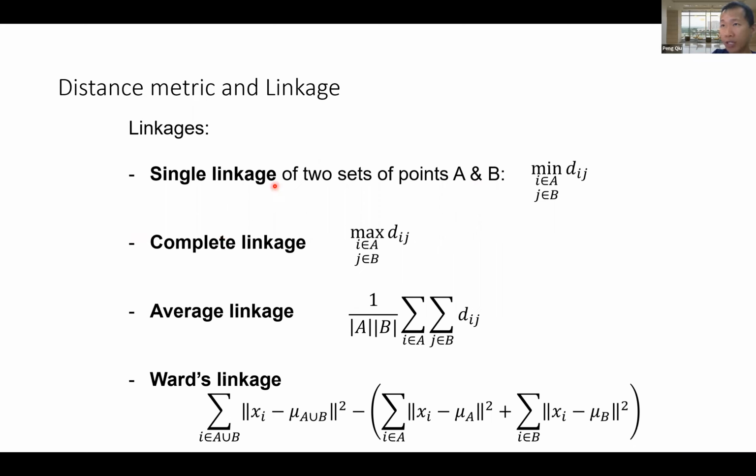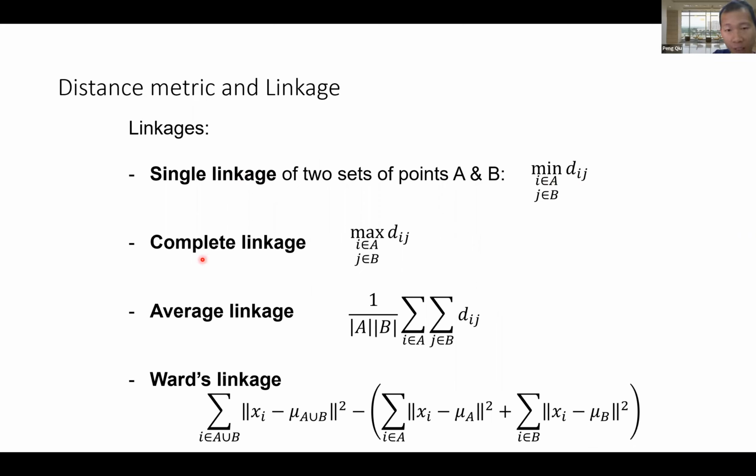So one idea is called single linkage. This is basically looking at the pairwise distance between the 10 points in set A and the 5 in set B, so 50 distances, compute all of them and take the minimum. That is the closest or the smallest gap between these two sets, and that's called single linkage.